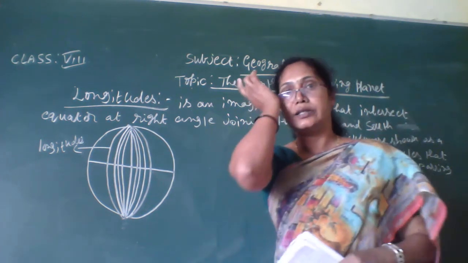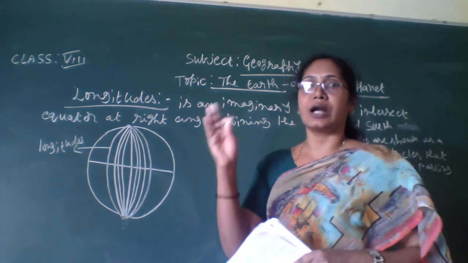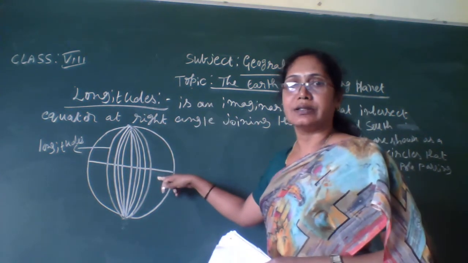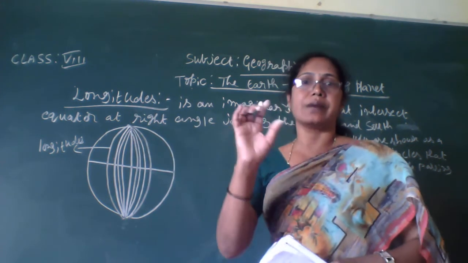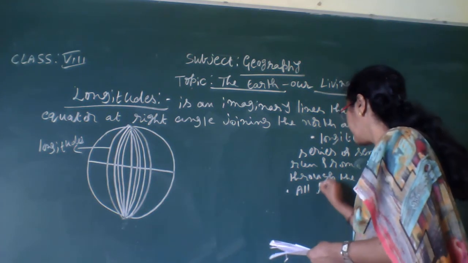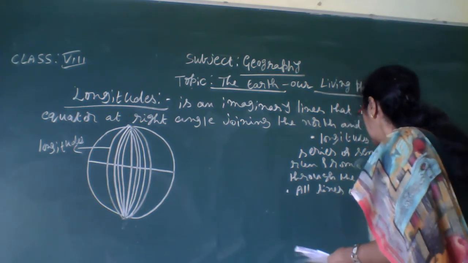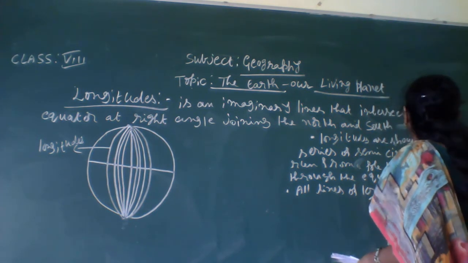All lines of longitude are of equal length. In latitudes, what did we say? All the lines are not equal; they are shorter than the equator. But here, we must say all the longitude lines are equal. Next, all lines of longitude are of equal length.